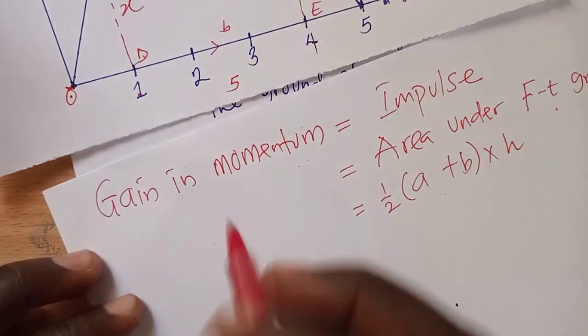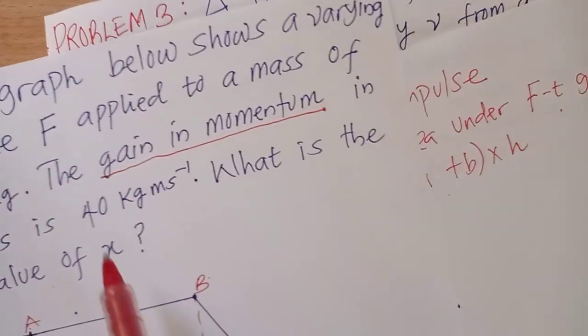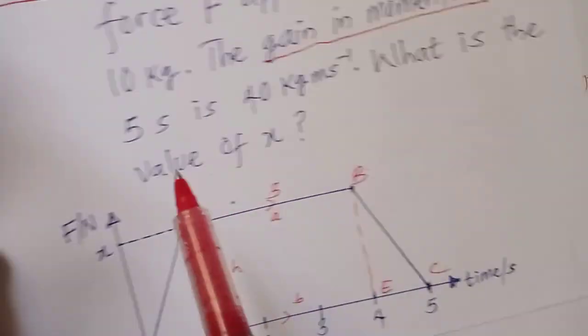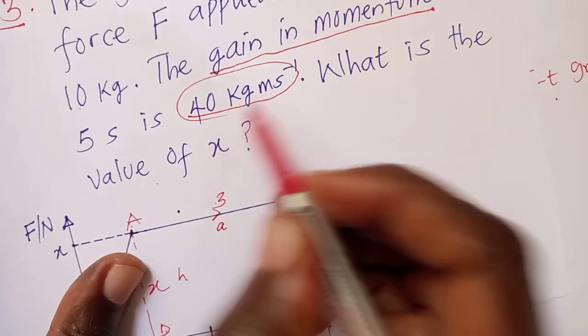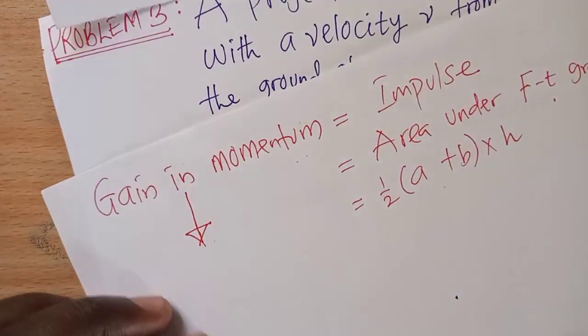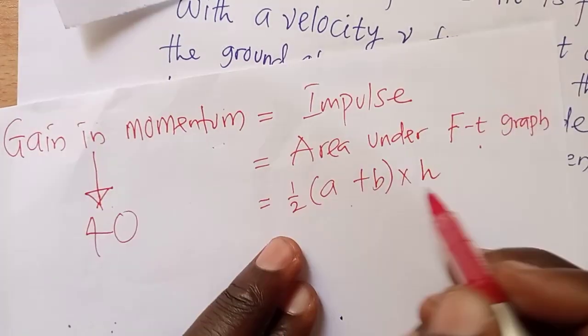But what about the gain in momentum? In the problem, I am given the gain in momentum, and they say the gain in momentum in 5 seconds is this. So I will now take this value 40 and bring it here. 40 is equal to this.